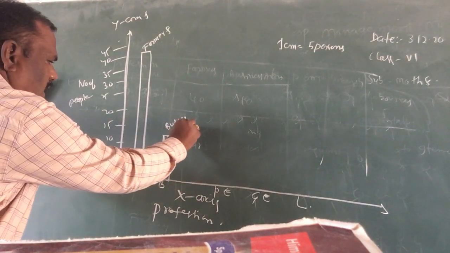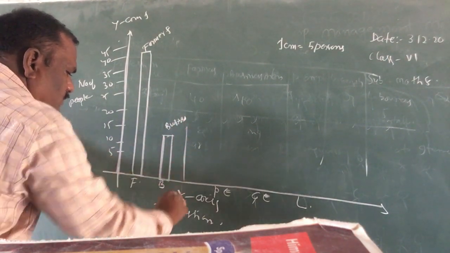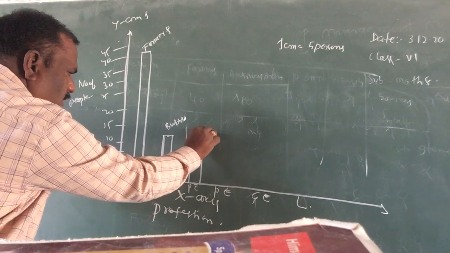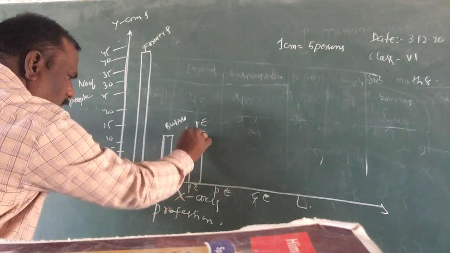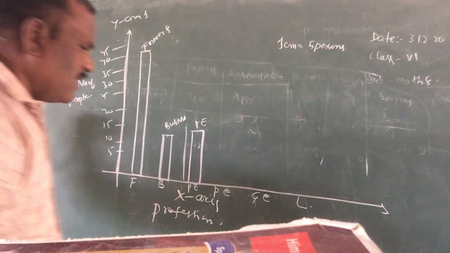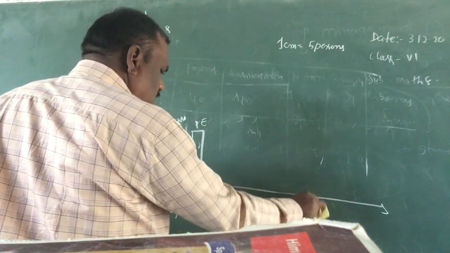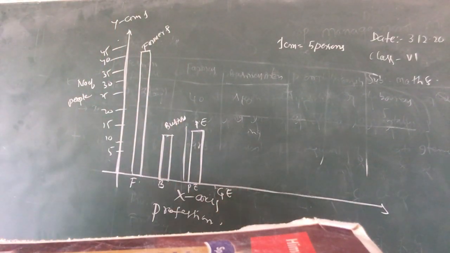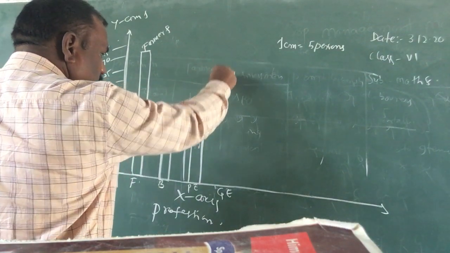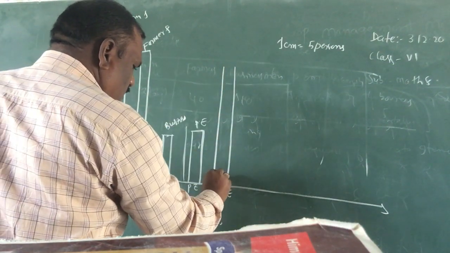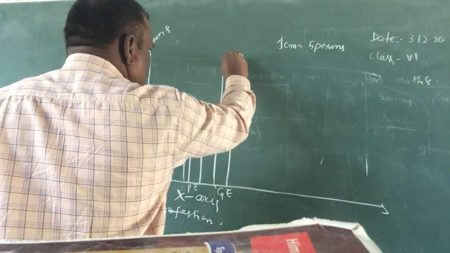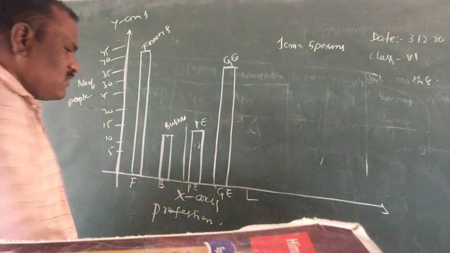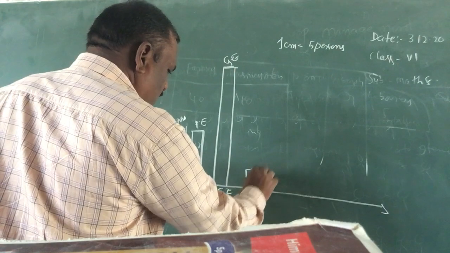Next, government employees, 35 are there, so take up to 35. This is G, government employees. Laborers, just 5 members are there.